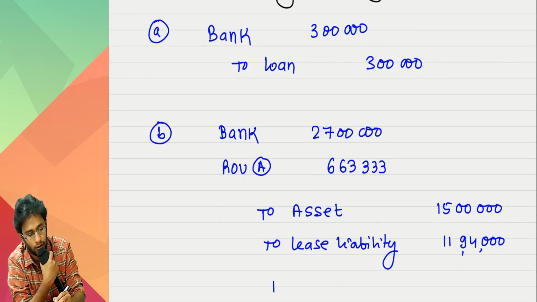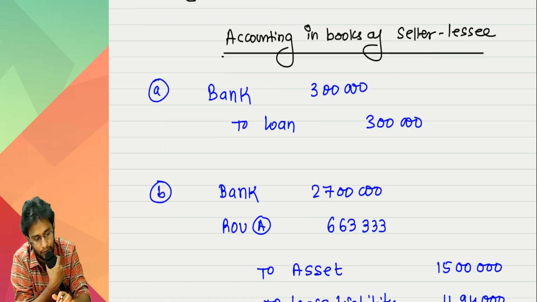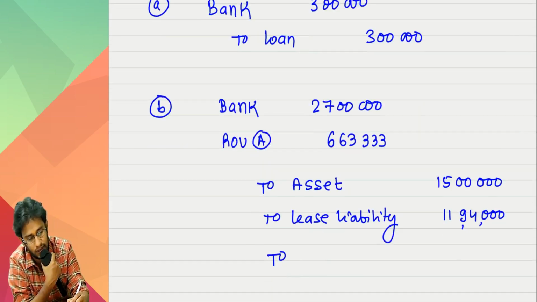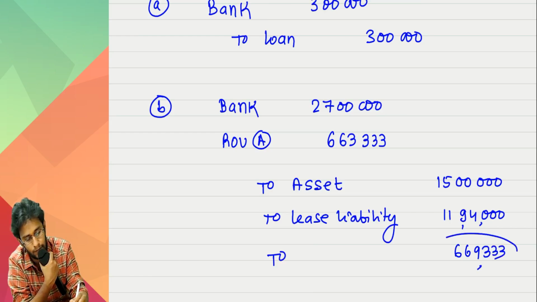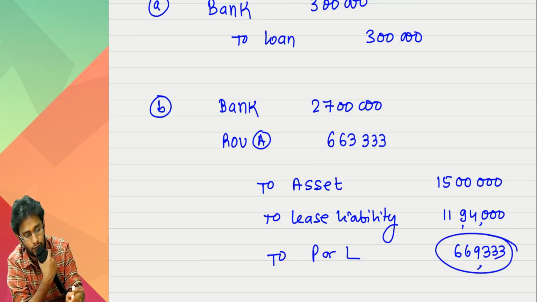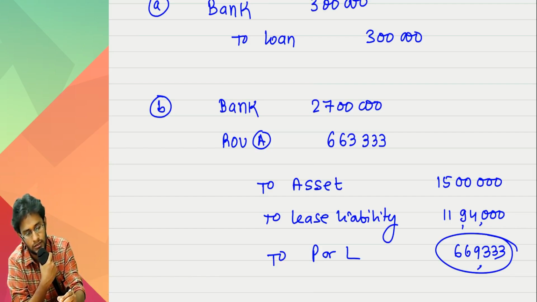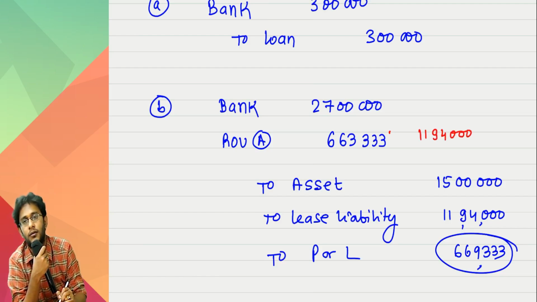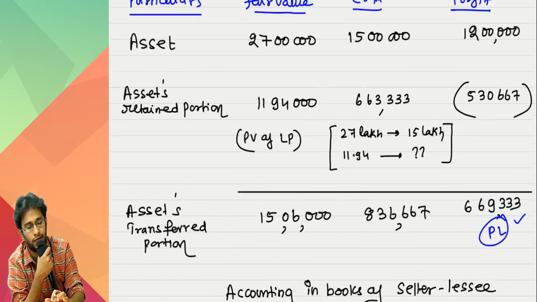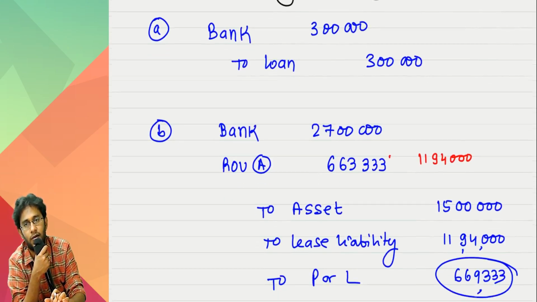Now the entry will not tally, it will throw up a gap of 669,333. This will go to P&L. Here, instead of writing 663,333, if you write 1194,000, then you end up recognizing the full 12 lakh rupees profit there.